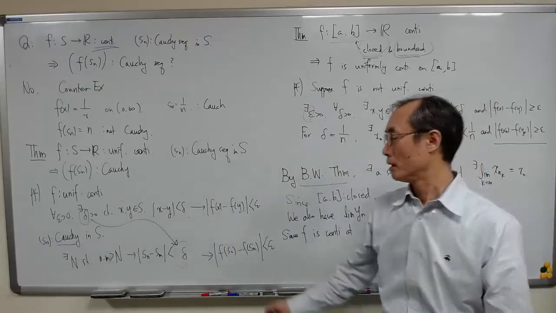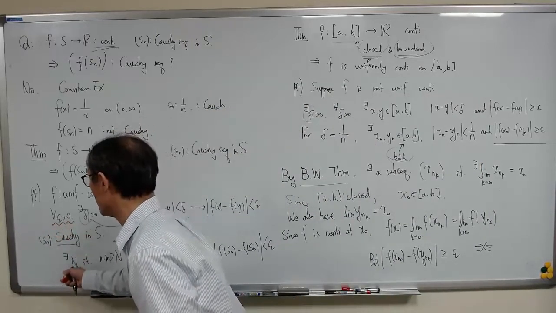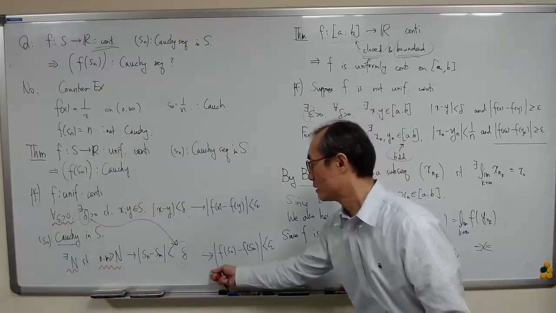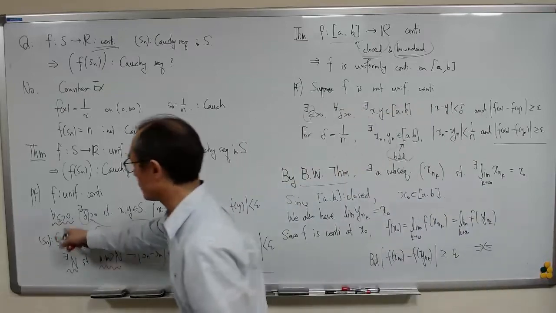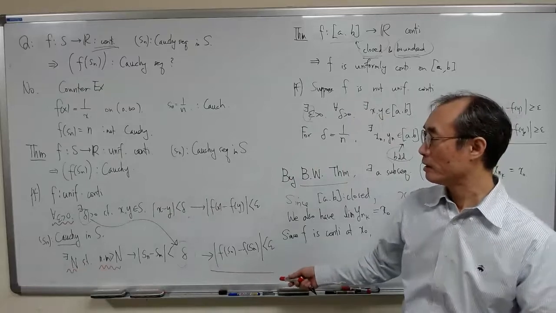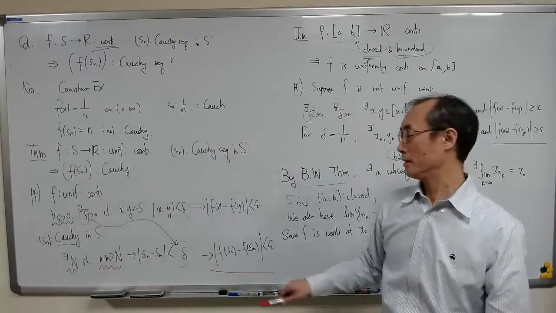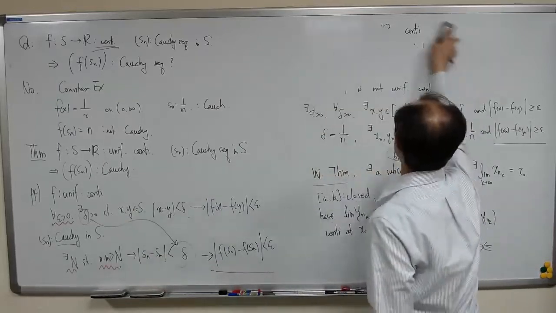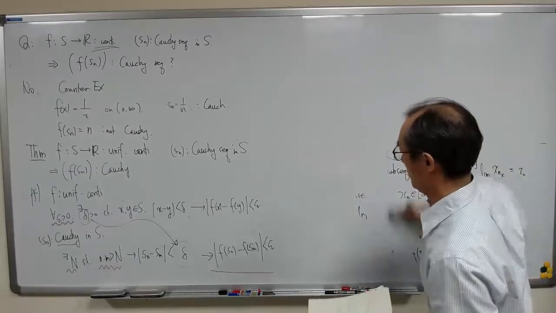And for any epsilon, there is a big number N. If the indices are greater than N, then the difference between those values is smaller than epsilon, which means by combining those parts, you're going to have the Cauchy property of f of Sn. Okay? So a uniformly continuous function preserves the Cauchy property.